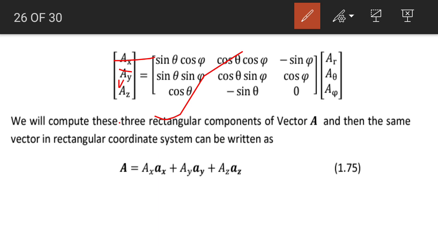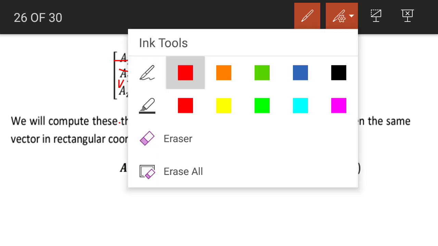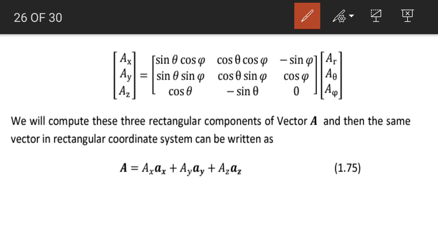We have the transformation matrix. In the transformation matrix we have sin theta cos phi, cos theta cos phi, minus sin phi; then sin theta sin phi, cos theta sin phi, cos phi; and then cos theta, minus sin theta, and 0.